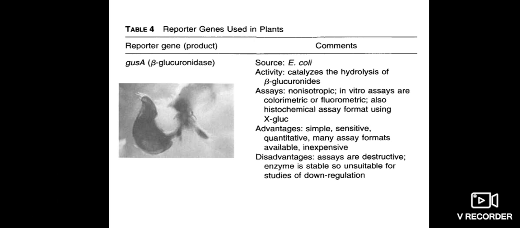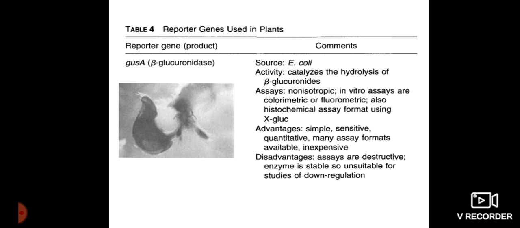So the reporter genes are the genes which help us in understanding the synthesis as well as to know whether the gene construct has been successfully transformed into the plant cell or not.